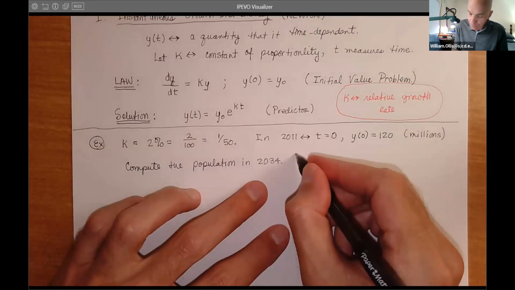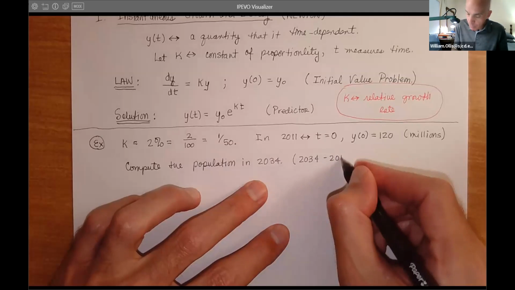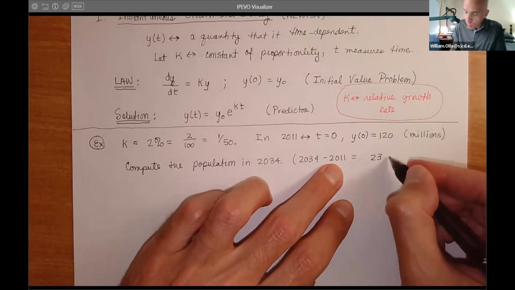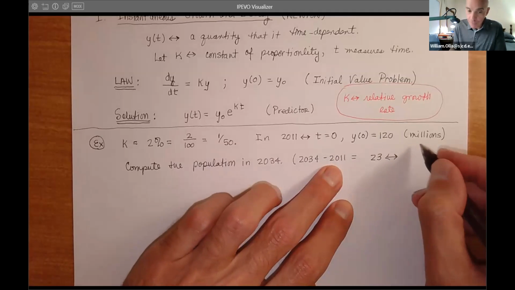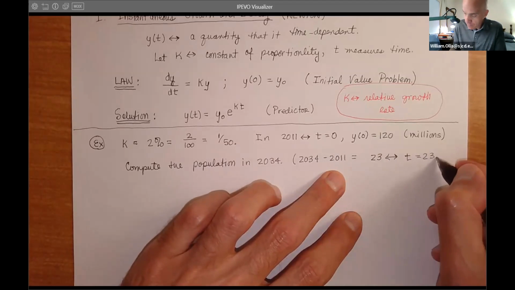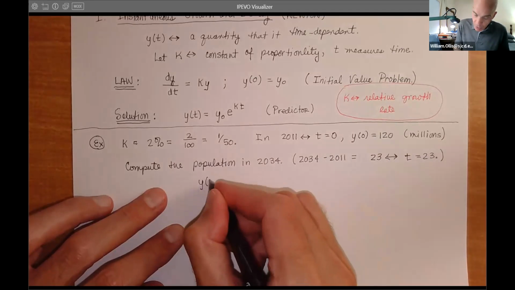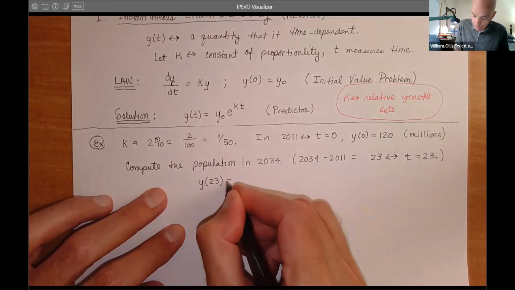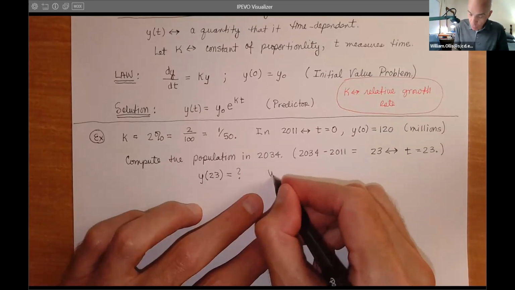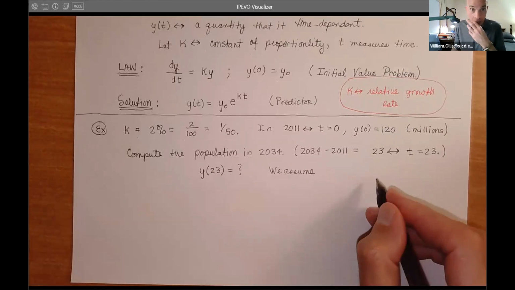Now notice 2034 minus 2011. So that'll give us a 3 and a 2. This will correspond to the new value of t. So basically, we want to know this, y of 23 is what? And in this particular case, we assume, these are easy because they give you all of the stuff.